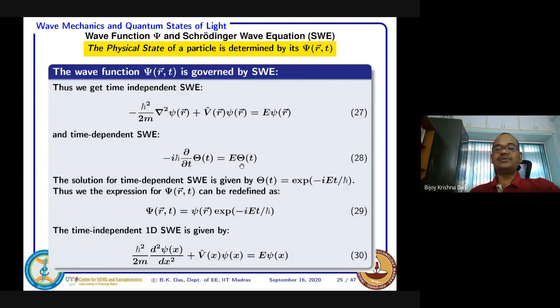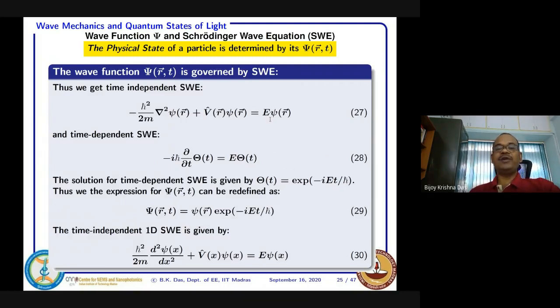So if you try to find the solution of 28, it is relatively easier. This is a first order differential equation, with only a complex value there, minus i h cut. If you solve that, it will come like theta(t) equals exponential of minus i E t by h cut. What is E?